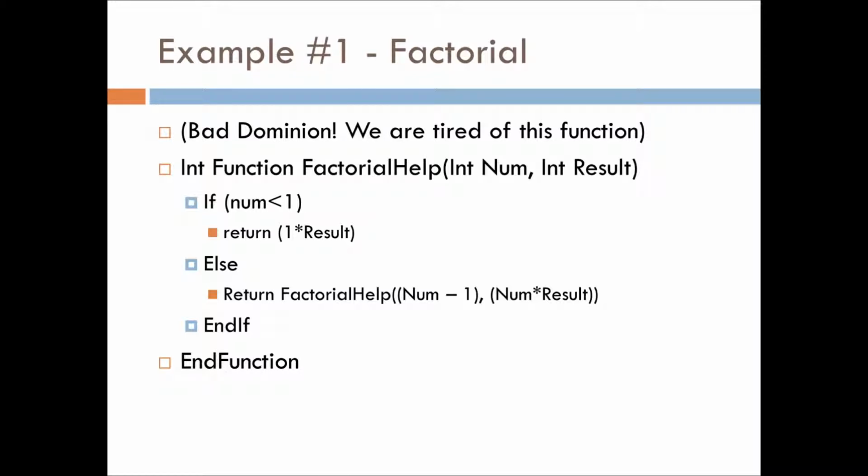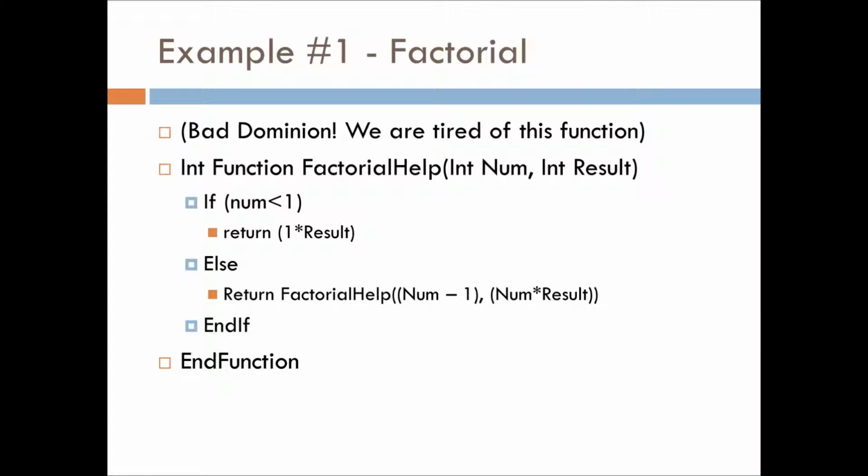Factorial. Bad Dominion. We are tired of this. Yes, I'm sorry. So you turn Factorial into a two-parameter system, kind of like how we did going from 0 to whatever desired value, except the second parameter is only to keep track of your result. In the base case, you just return 1 times your result.